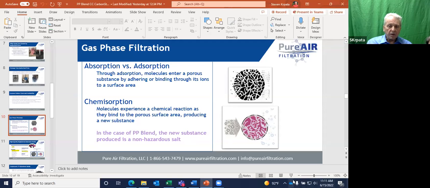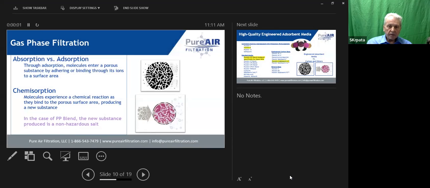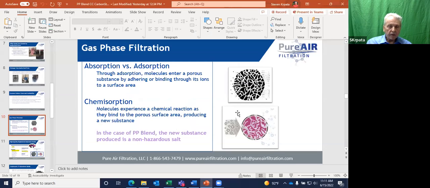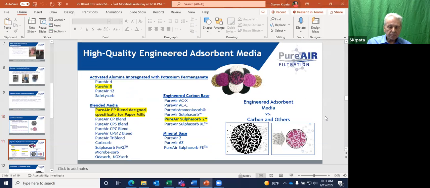In the process of chemisorption, on the other hand, there's a chemical process where the molecules react and actually form a different substance, and in the case of the PP blend for PureAir, it turns into a non-hazardous salt.